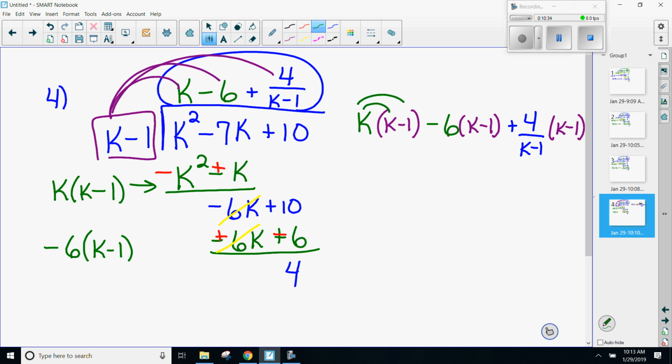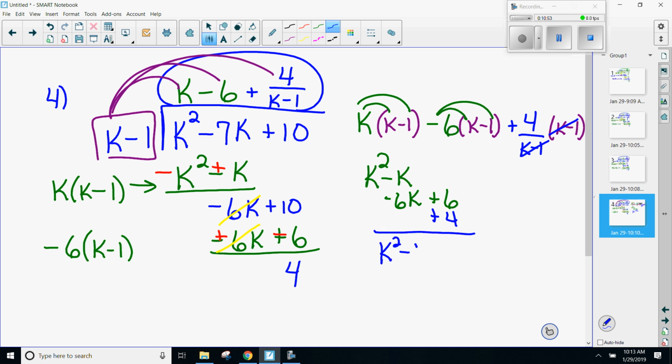So if you check, you get k squared minus k. You multiply the negative 6 through and you get negative 6k plus 6. And then what you're going to find out is that the k minus 1 cancels and you just get plus 4. So you get k squared minus 7k, and then plus 10, which is what is right there. And that's what you want.